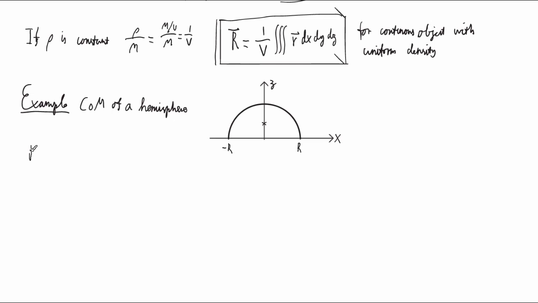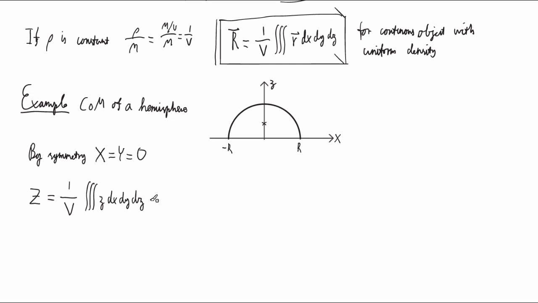So because of that, we can say that by symmetry, the x and y coordinates of the center of mass are 0, and z, therefore, is going to be equal to 1 over V times the integral in 3 dimensions of z dx dy dz.